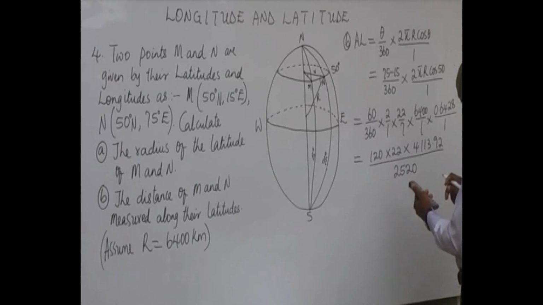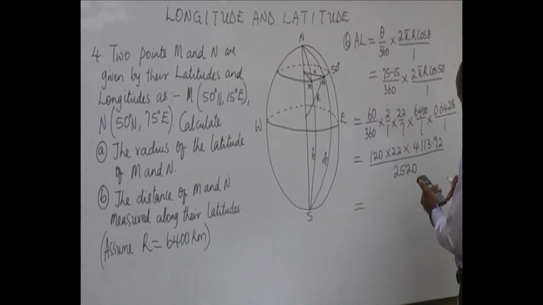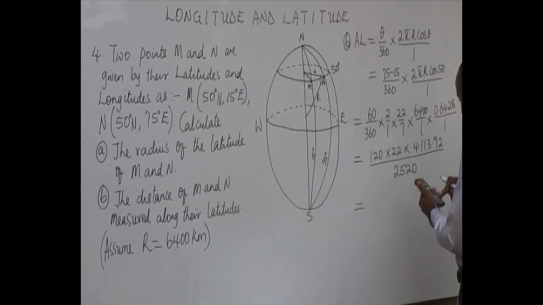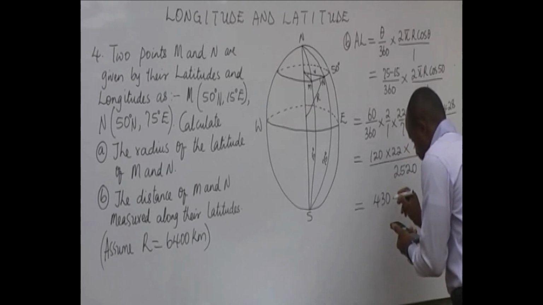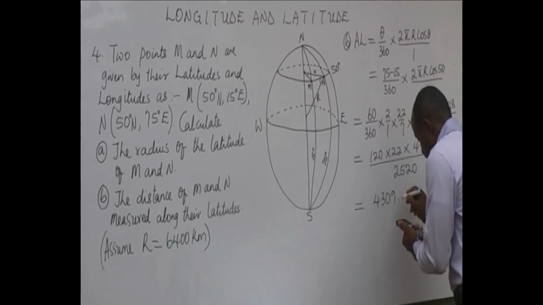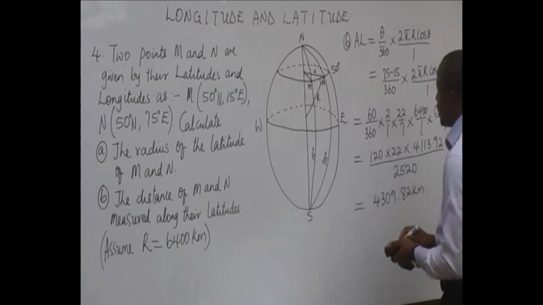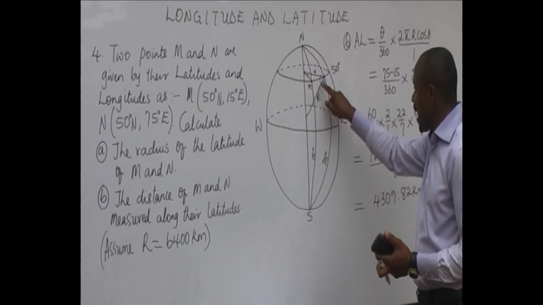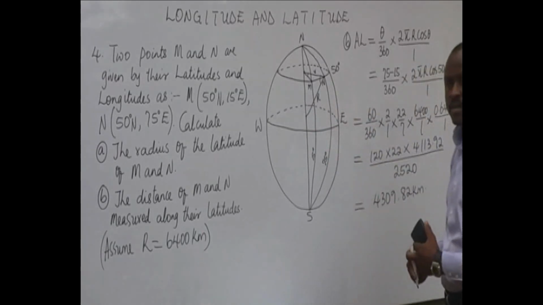So let's multiply the numerators: 4113.92. Let's divide out immediately, divided by 2520. It gives 4,309.82 kilometers. So that is the value of that arc where M and N are found on the circle of latitude 50 degrees north.